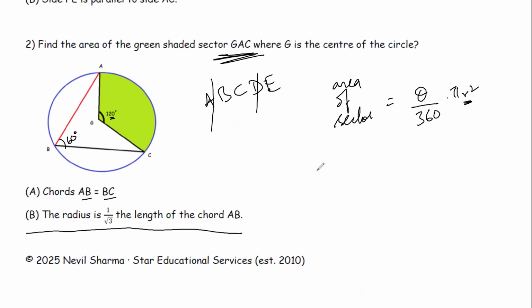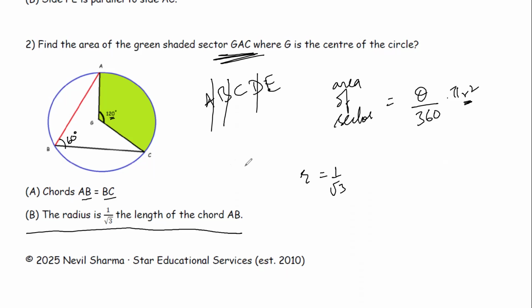If the radius is 1 by root 3 the length of the chord AB, we yet don't have the length of the chord AB. So we don't have an answer using B as well.